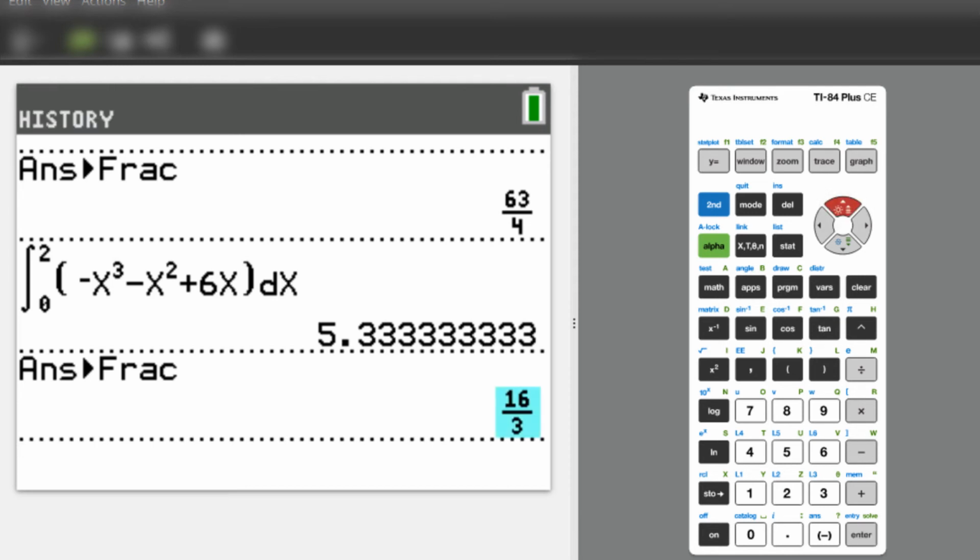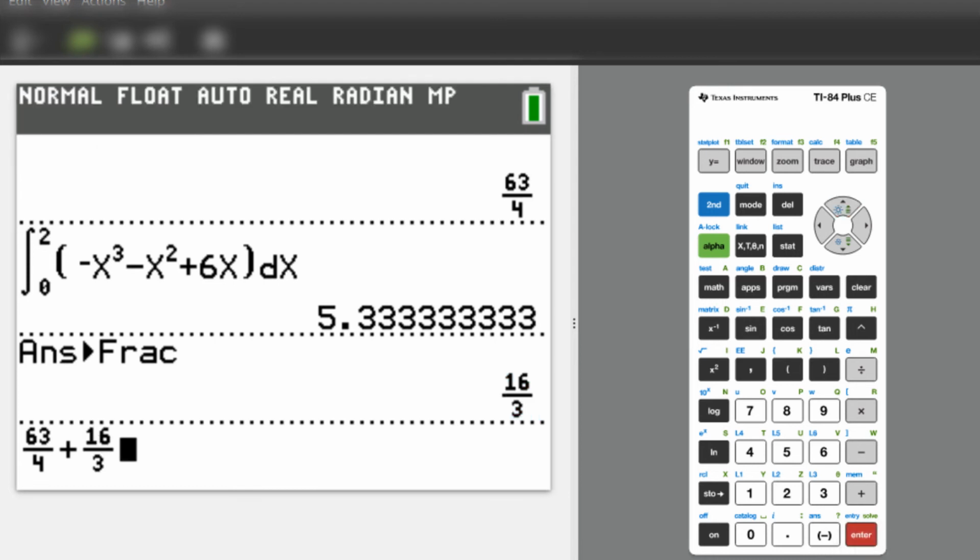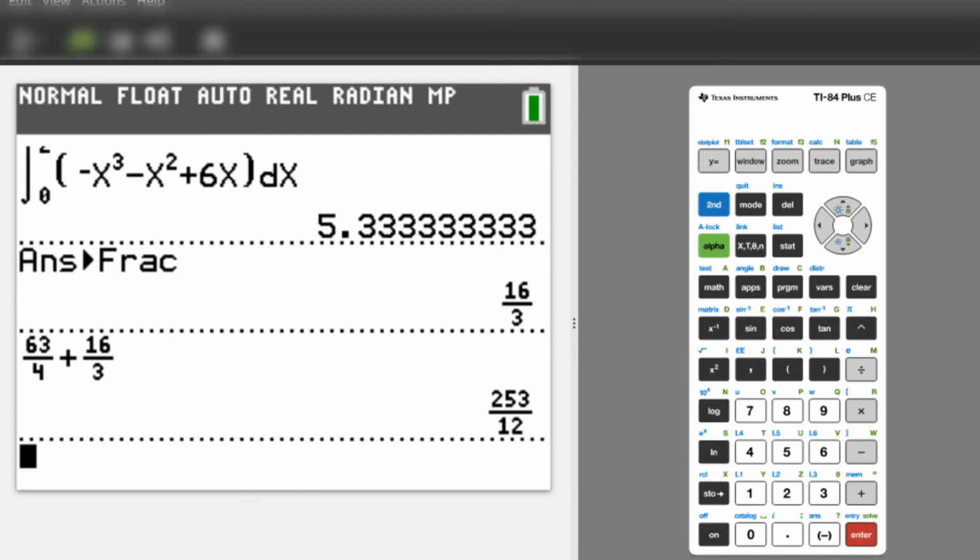We can go up on your calculator and retrieve the 63/4, do enter, plus retrieve the 16/3, enter, and our result is 253/12. Let's transfer the answers to our workspace.